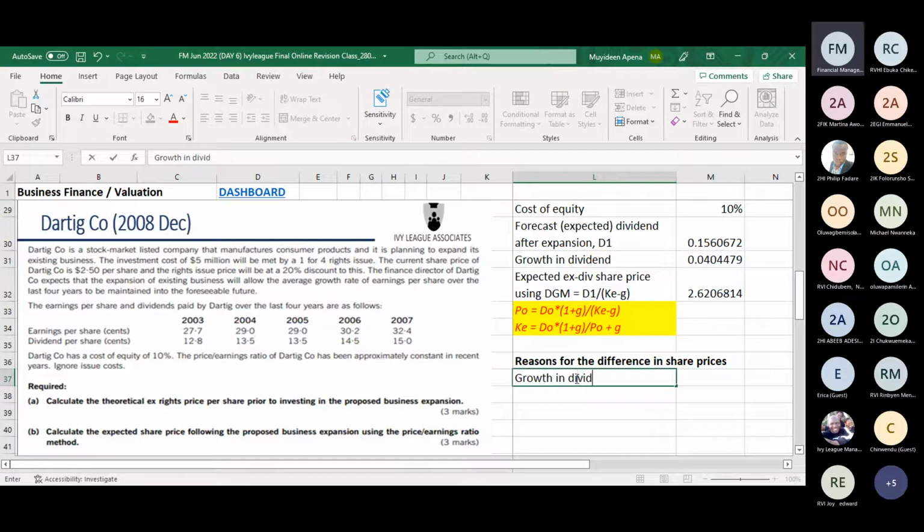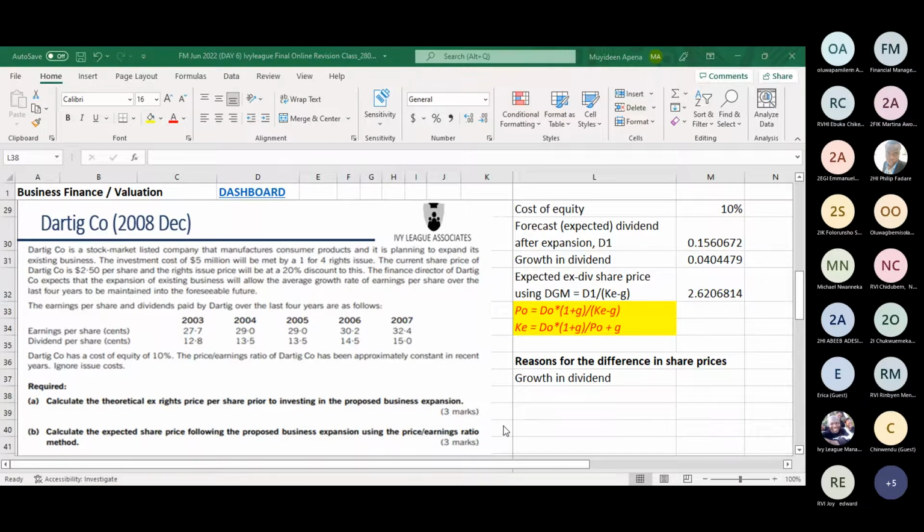What happened to it? Hello? Yeah, we can't hear you. I can hear you. So growth in dividend, what happened to it? Somebody mentioned that.